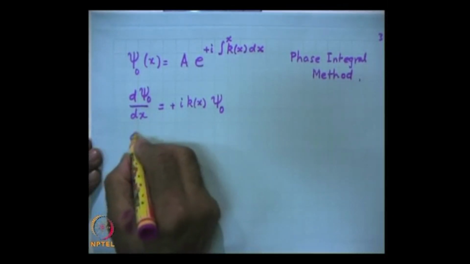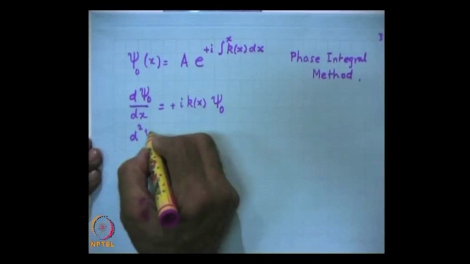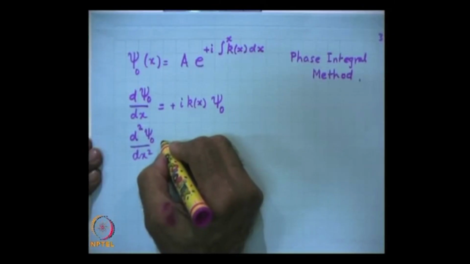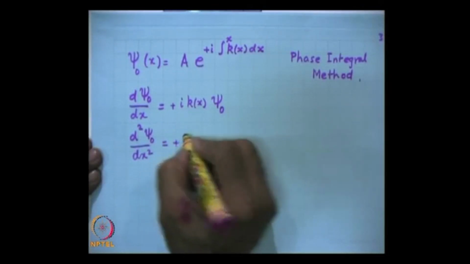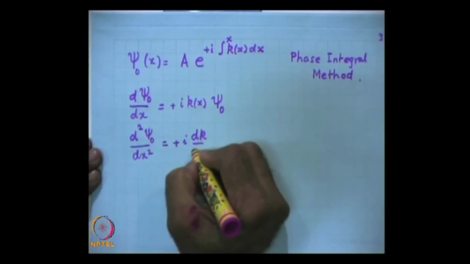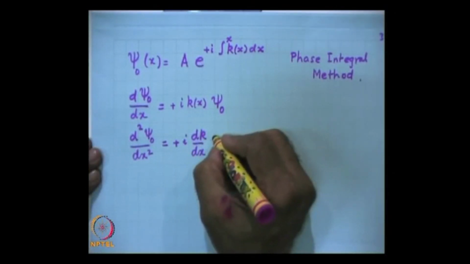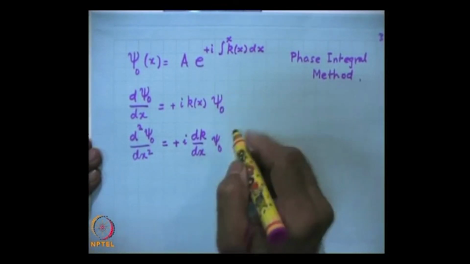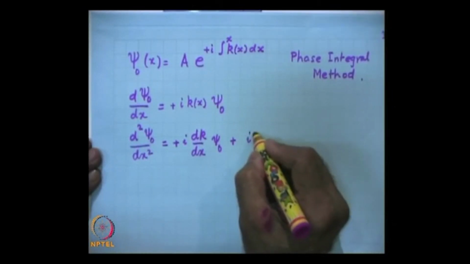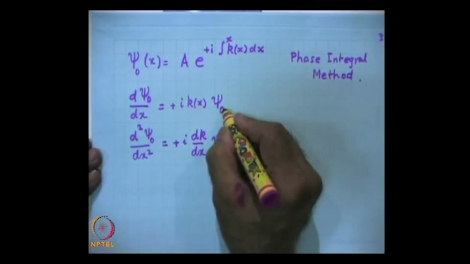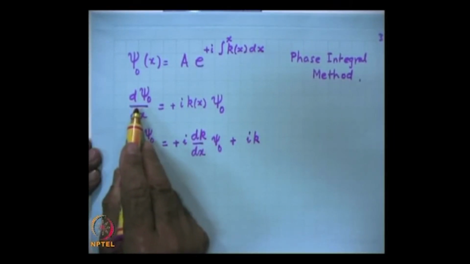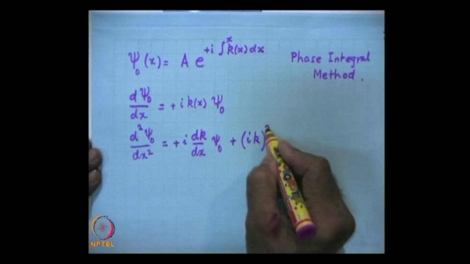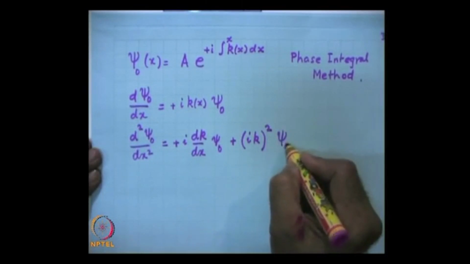If I differentiate this again, then I get d2 psi 0 by dx square. So, this is equal to plus i dk by dx psi 0 plus psi 0 prime plus i k times psi 0 prime, and d psi 0 by dx is i times k times psi 0.